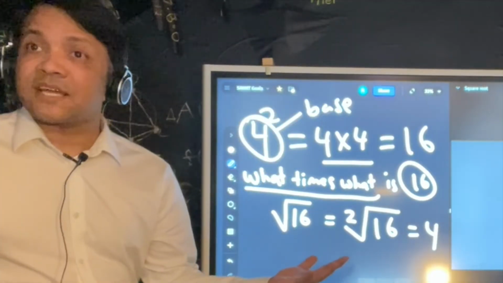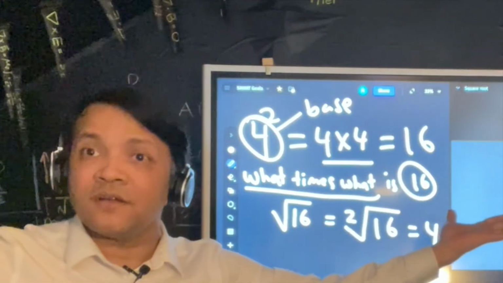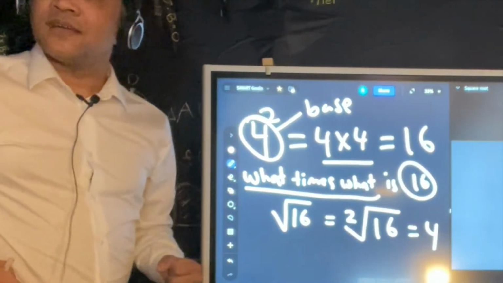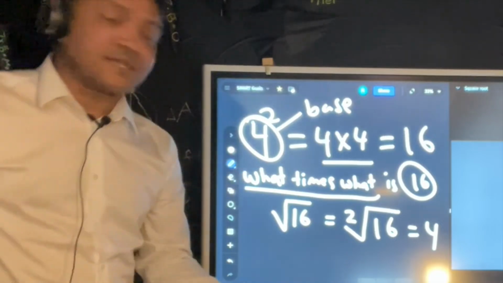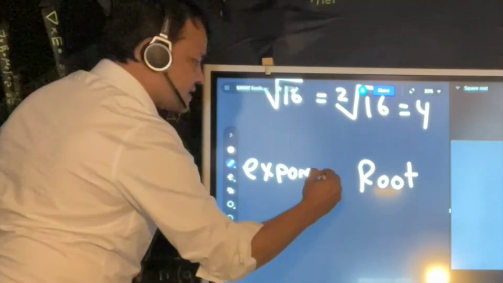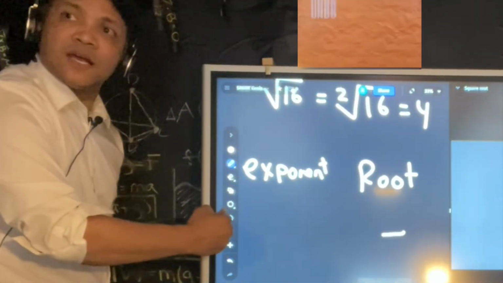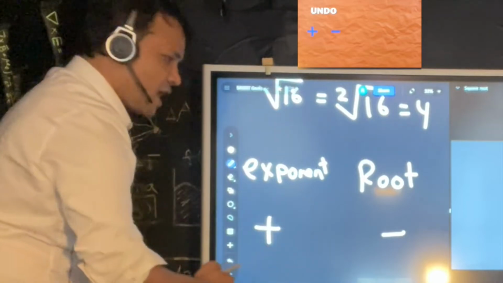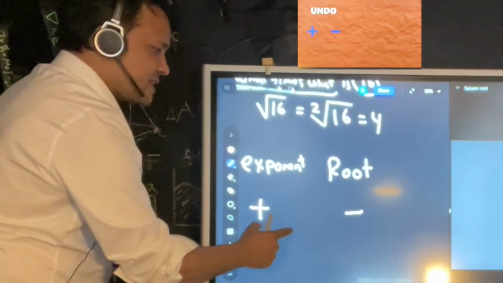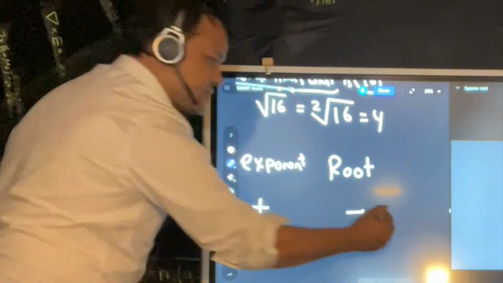You may ask a question: is the square root the inverse operation of the exponent? If you ask that question, you are right. Yes, root is the inverse operation for the exponent, as negative is the inverse operation for positive, because what negative can do is give you the identity back, which is 0.